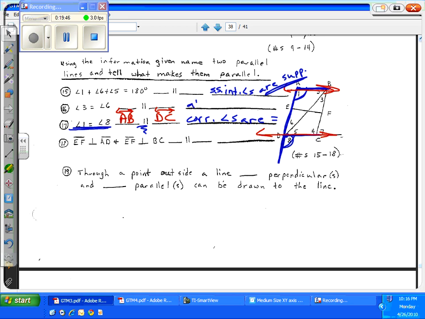We can't say they're parallel because of alternate interior angles, that proves nothing. We say that they're parallel because alternate interior angles are equal. So make sure you attach that because it means nothing without it. Okay?